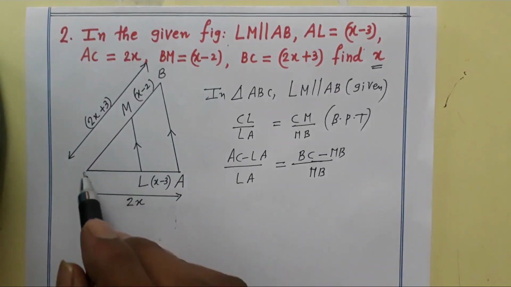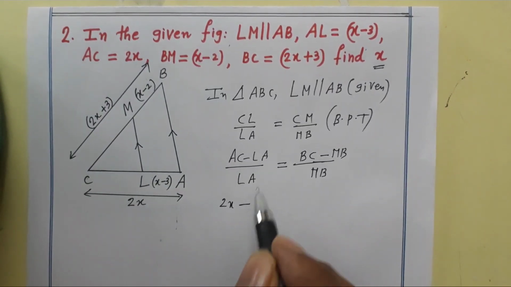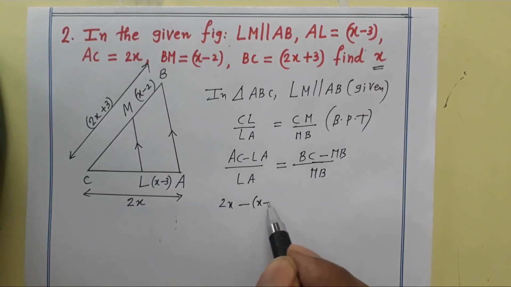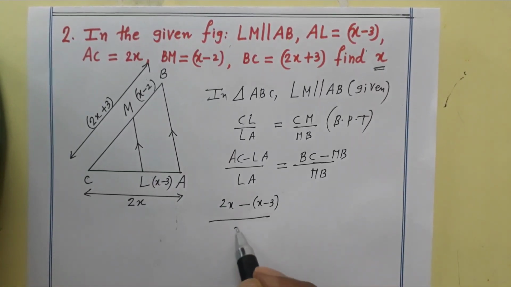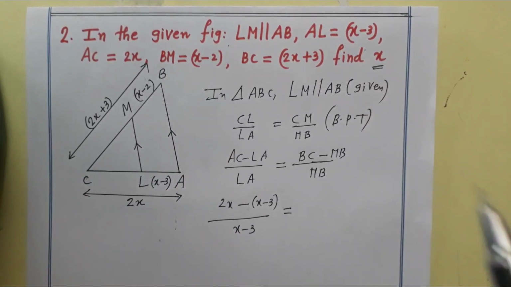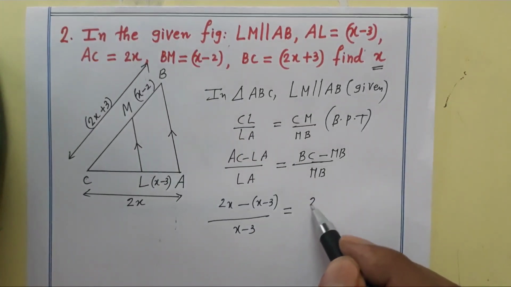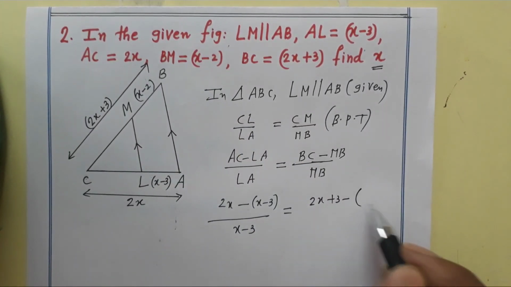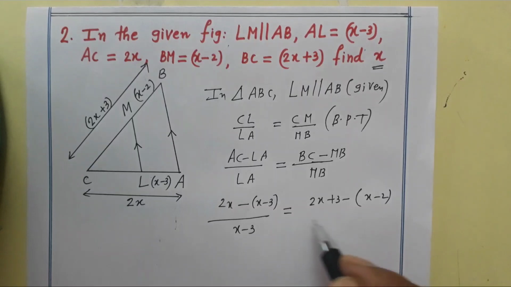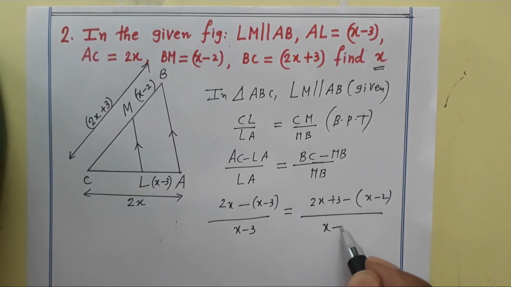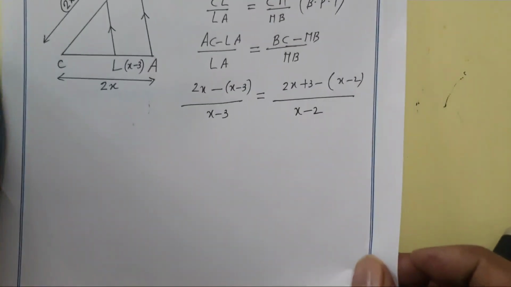Now you see AC is 2X minus LA is X minus 3 by LA is again X minus 3, BC is 2X plus 3 minus MB is X minus 2 by again MB is X minus 2.